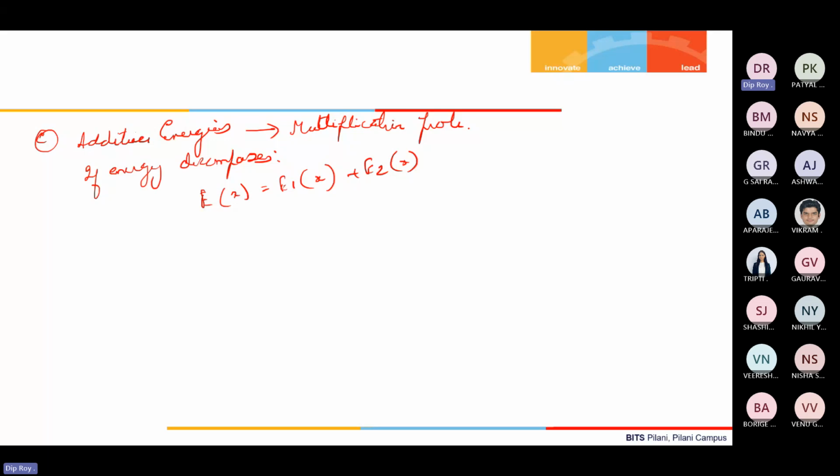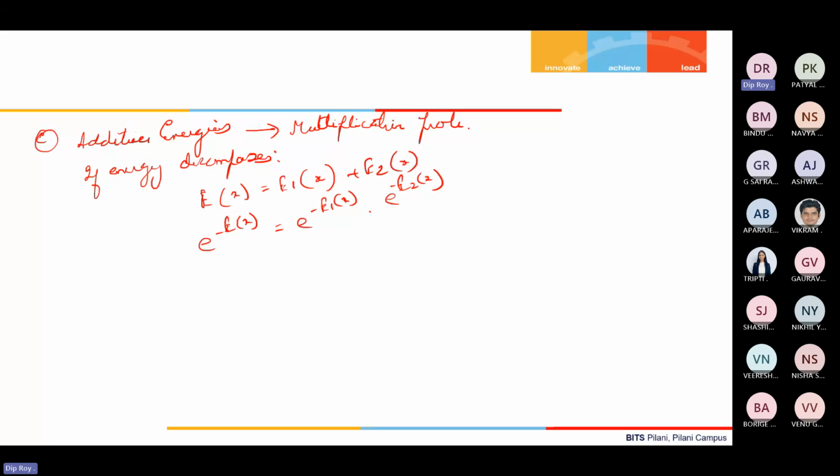And if we take this functional form, we can write it like this. Now you see what has happened. We can write it like this, right? So what has happened? The additive energies is equal to the multiplicative probability now, you see. All right. So this mirrors the log probability additivity.